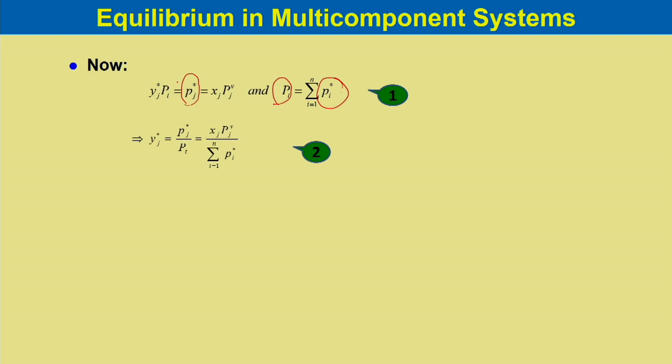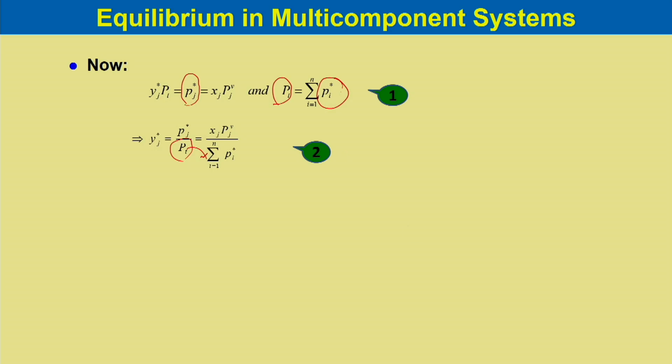Now, if we rearrange these equations, we can write Yj* would be equal to Pj* by Pt. So, Pt, as we know, is summation over i = 1 to n of Pi*. So, we can substitute here, and this is nothing but Xj Pj^v divided by summation over i = 1 to n of Pi*.